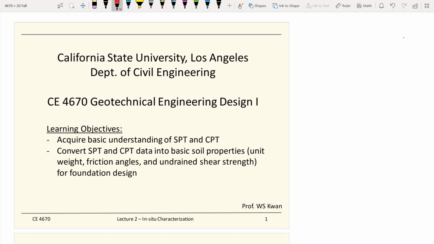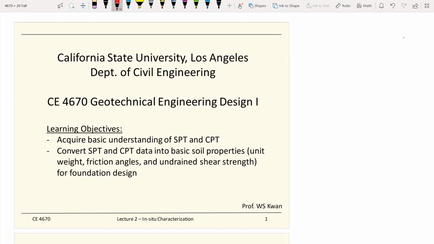The learning objectives for this lecture are for the students to acquire a basic understanding of the standard penetration test, SPT, and cone penetration test, CPT, the two very popular field tests for soil properties characterizations in geotechnical engineering.